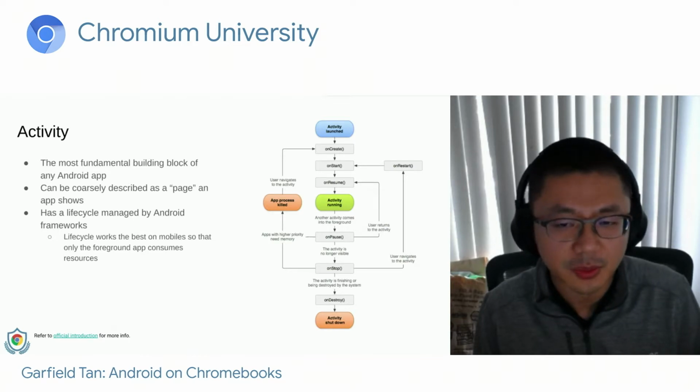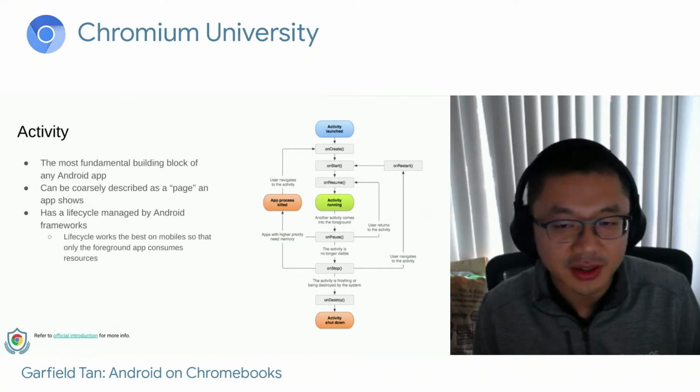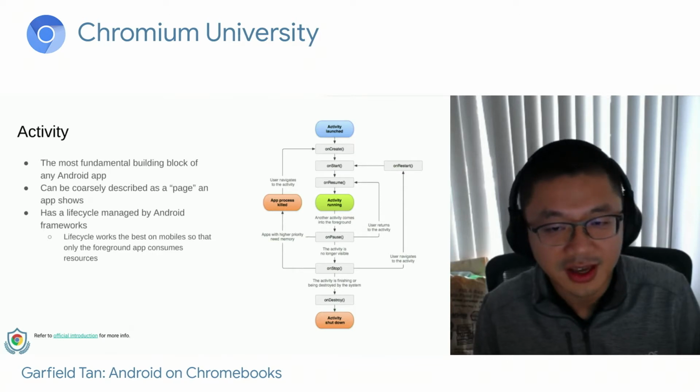Coarsely speaking, using web terms, it's basically a page that an app shows to the user. For example, when a person buys something, they put something in the cart and go to the checkout page to put the order. In Android, it'll be the user putting the product into the cart in the product detail activity, checking items in the cart activity, and putting the order in the checkout activity.